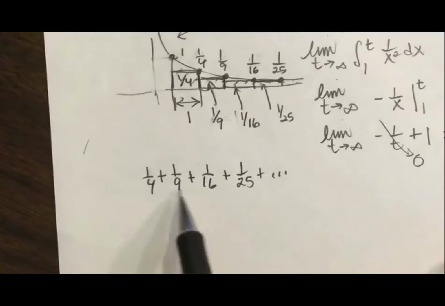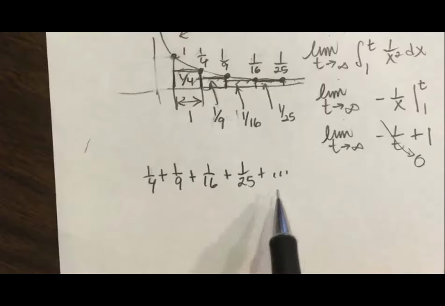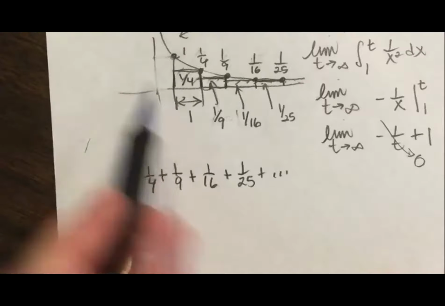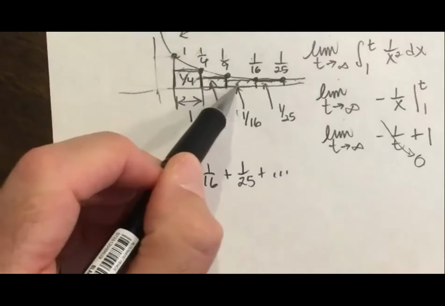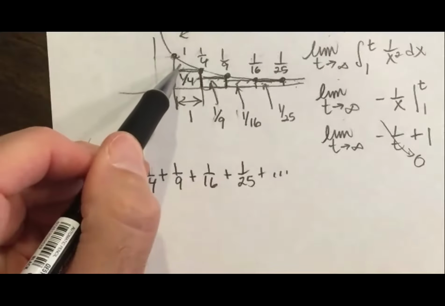So what if I added all these up? I'm going to argue that the area of all these rectangles would be less than the area under the curve.